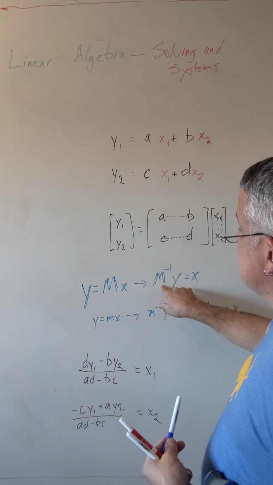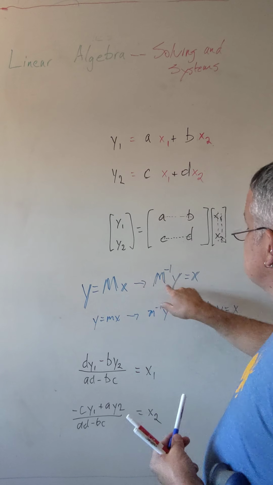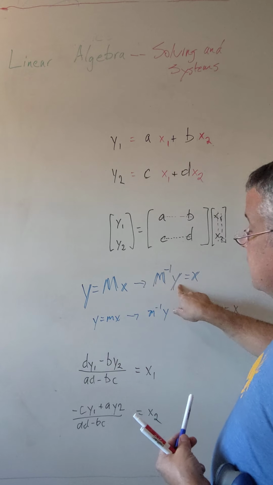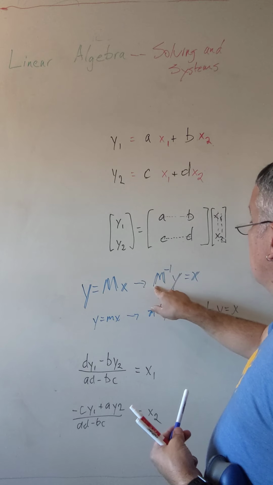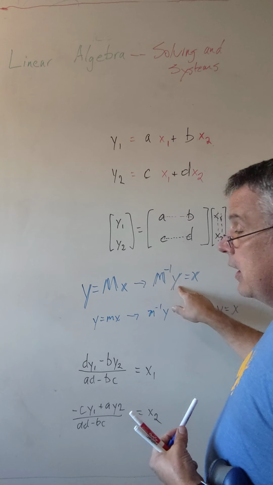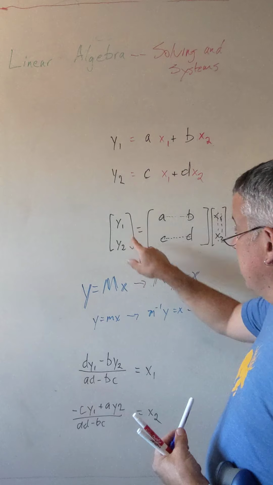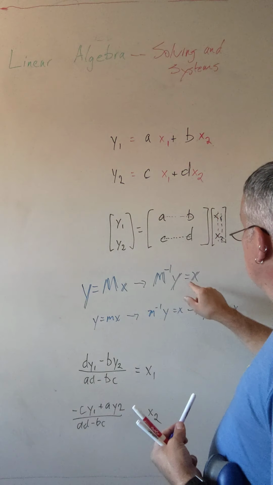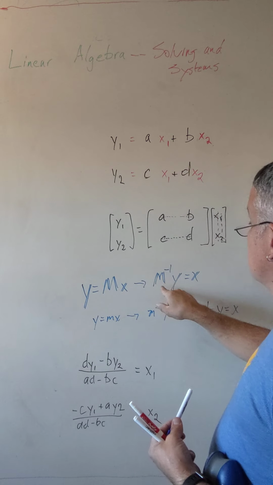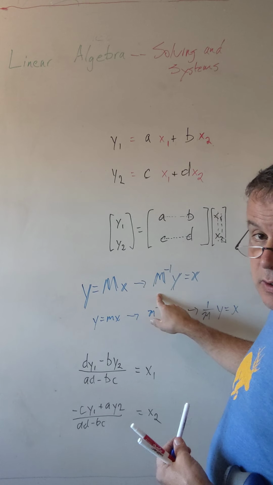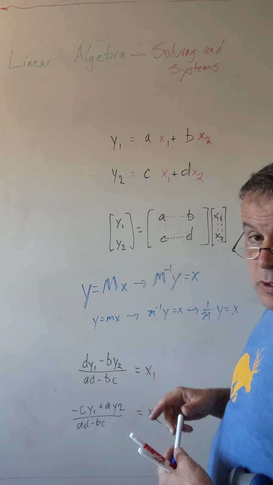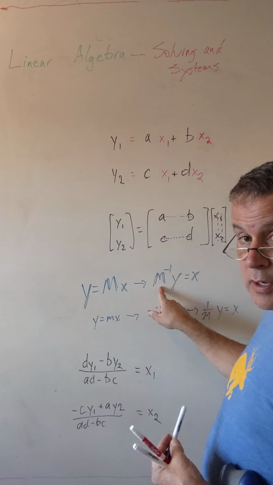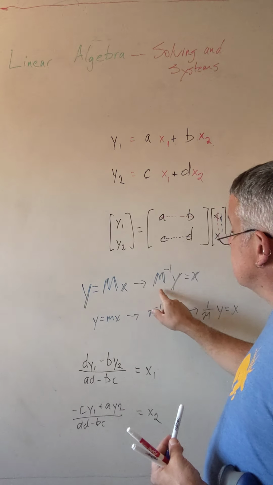Well, now look, this is very similar to this in that there's a matrix operating on y. Y is a 2 by 1 column. X is a 2 by 1 column. So this matrix here, just counting out how it worked, is also going to have to be a 2 by 2 matrix. But what matrix is it?